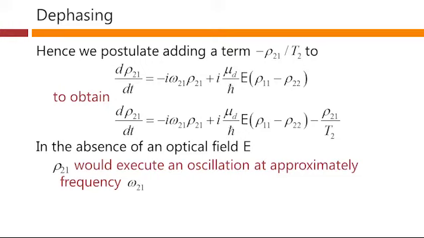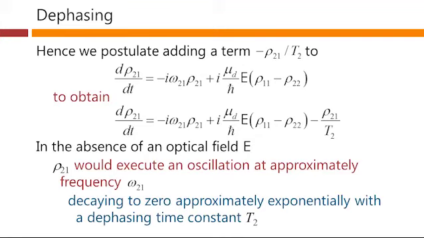That would correspond to a system oscillating approximately at frequency omega 21 in its off-diagonal density matrix elements, and decaying exponentially to 0 with a dephasing time constant T2.